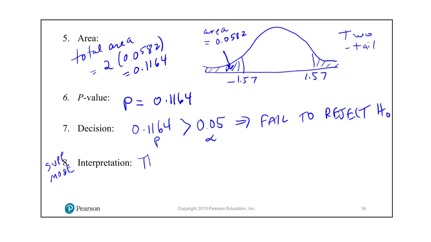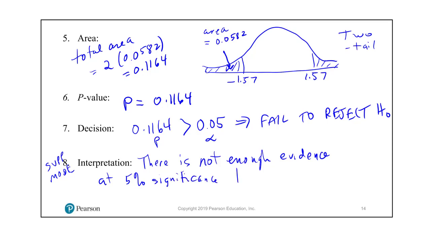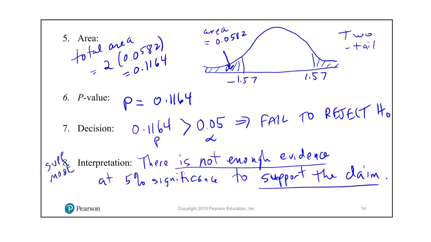So that means there is not enough evidence at 5% significance to support the claim. Because we failed to reject H0, there was not enough evidence to support the claim, being that we were in a support mode. There's my final interpretation.